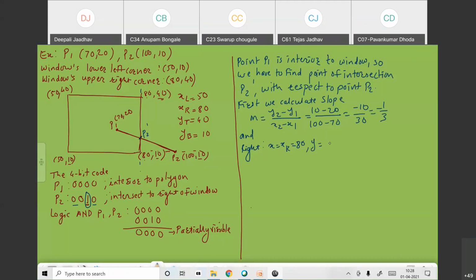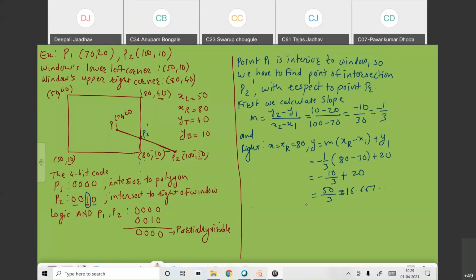And next, calculate the value for Y. The equation is M times (XR minus X1) plus Y1, which is equal to minus 1 by 3 times (XR is 80 minus X1, X1 is 70) plus Y1 20. Now try to simplify this equation. Minus 10 divided by 3 plus 20, which is equal to 50 divided by 3, 16.667.